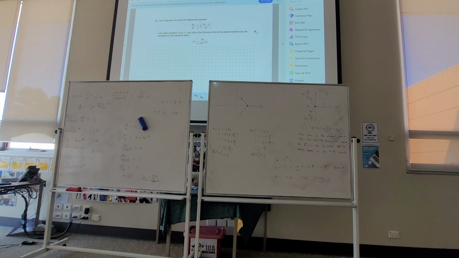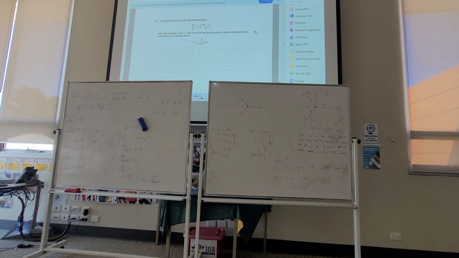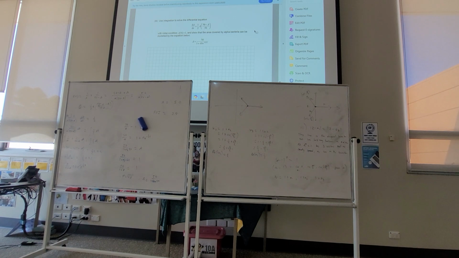So what I'm going to do is graph the function 50 on top of 1 plus 79 e to the minus 5x. So I'll get rid of all these. So we have 50 on top of 1 plus 79 e to the minus 5x. Nice. Seth put a guess in.